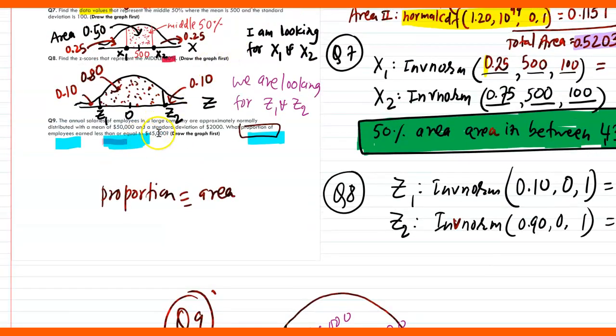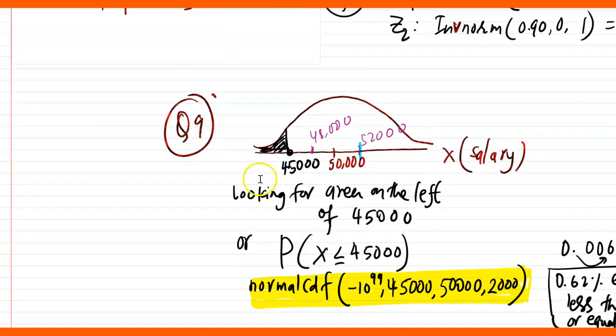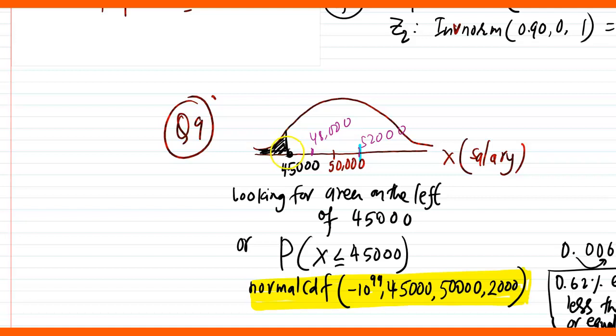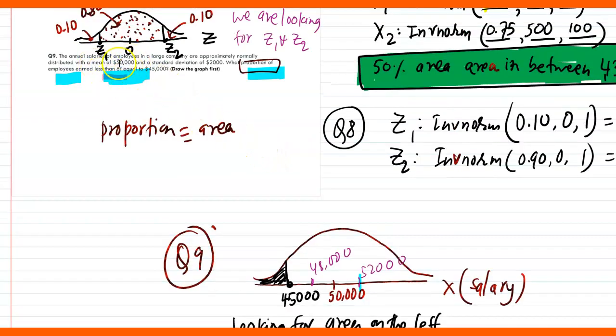But I need to mark the 45,000 number here because I'm looking for the employee proportion who earn less than 45,000. Therefore, what I did here is I put 45,000 and I marked the area on the left of 45,000 because it's a less than, or less than or equal to.